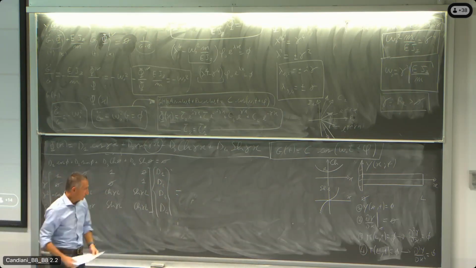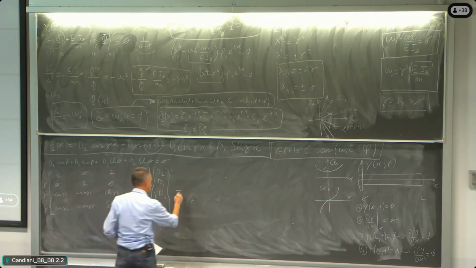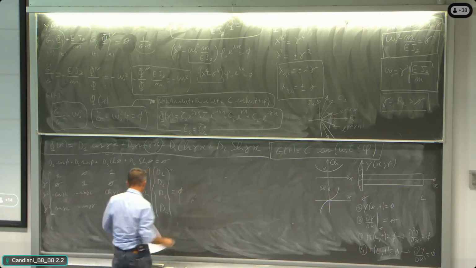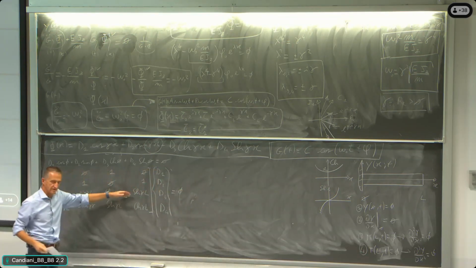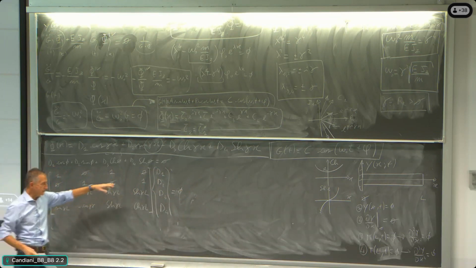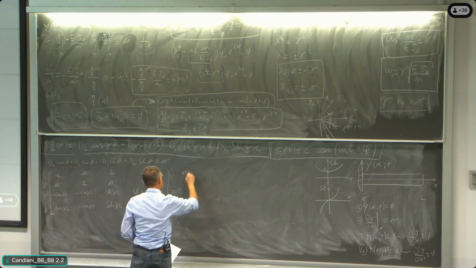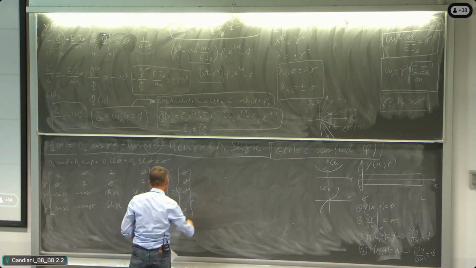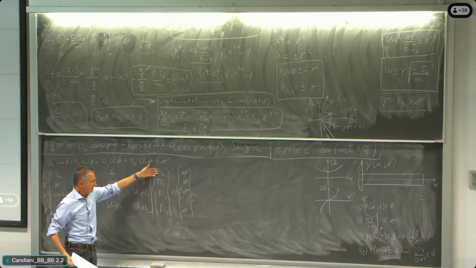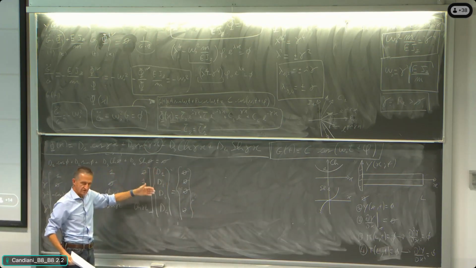Okay, so we have to repeat what we said the last time. In order to have a solution that is not the trivial solution, the trivial solution is to have here 0, 0, 0, 0, so this is the trivial solution, it's very simple: D1, 0, D2, 0, D3, 0, D4, 0.